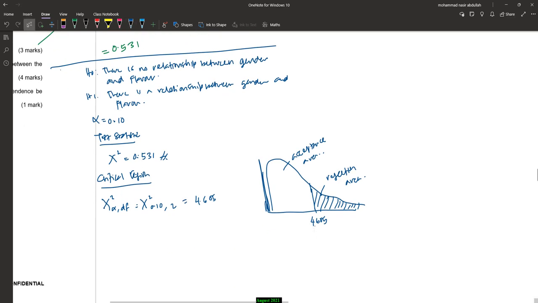So our decision rule is, if the calculated chi-square lies in the rejection area, then we reject the null hypothesis.